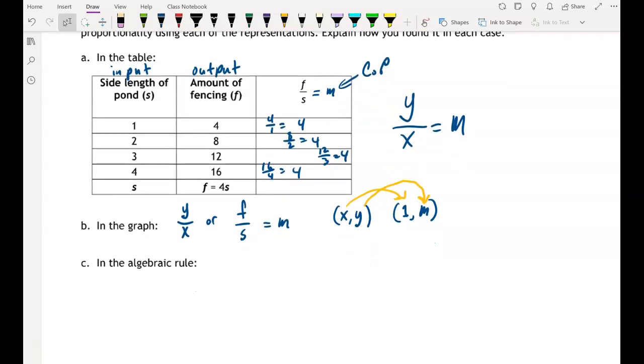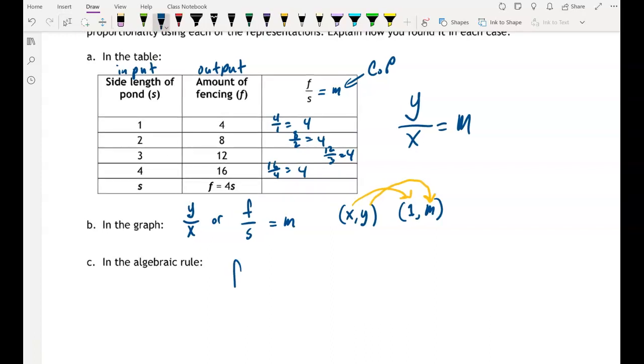And when we look at our algebraic rule for a proportional relationship, remember our algebraic rule was the amount of fencing needed is equal to, in this case, 4 times s. And we have learned again and again and again that the constant of proportionality is always the coefficient of the input.